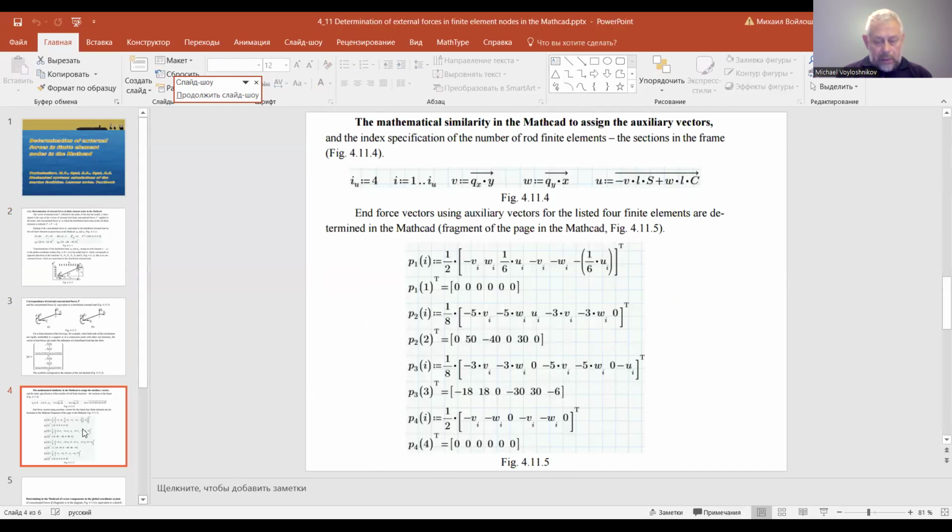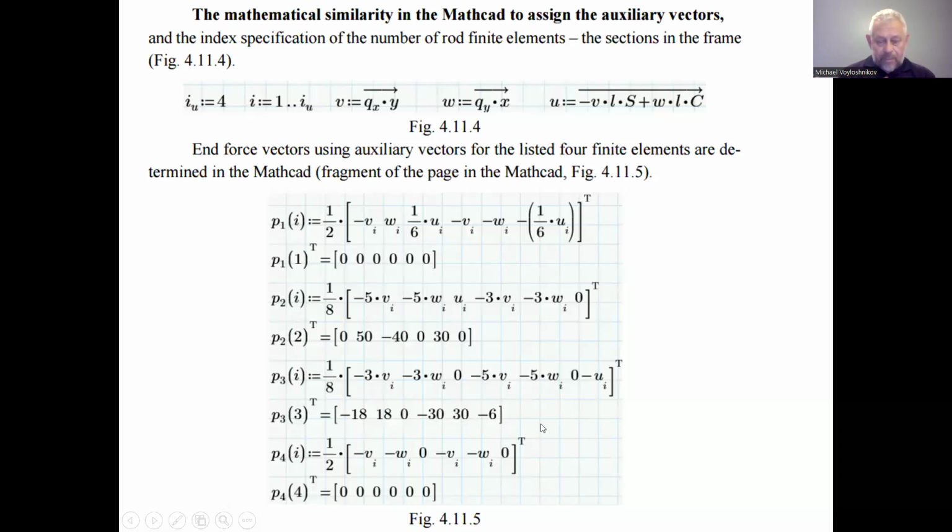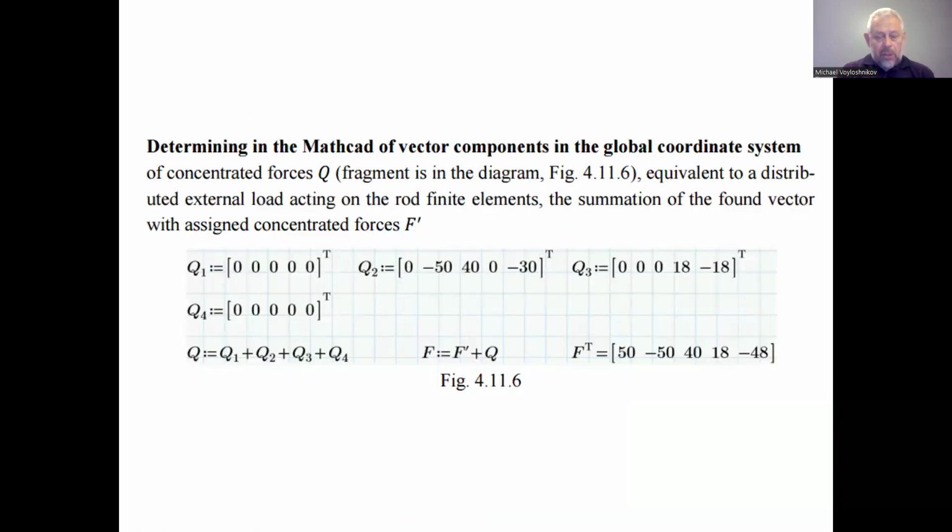So, after the definition of the end reactions, we can next go to the determination of the vector of the reduction of the distributed load to the node forces.